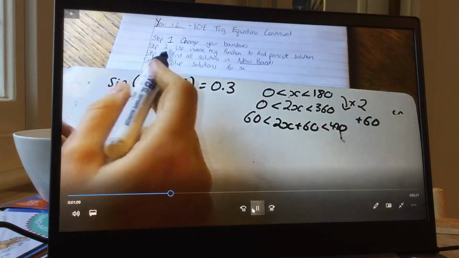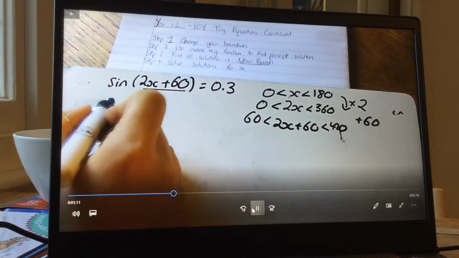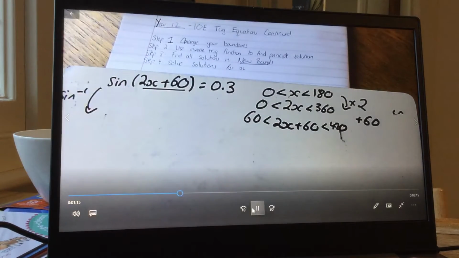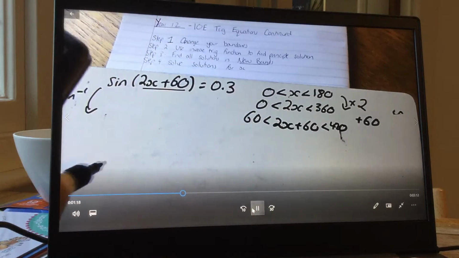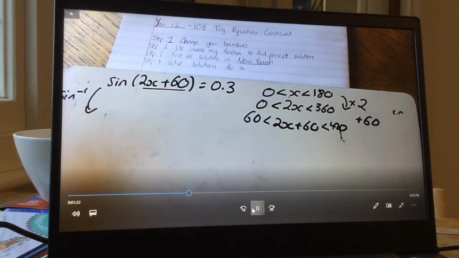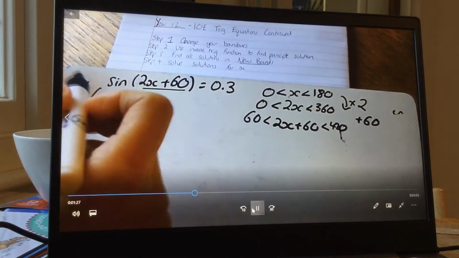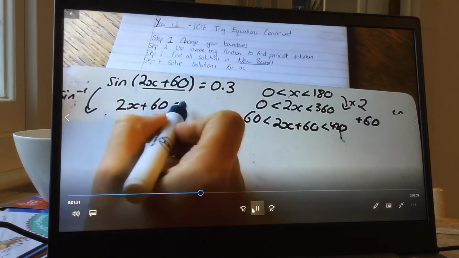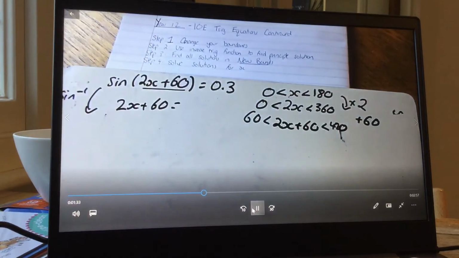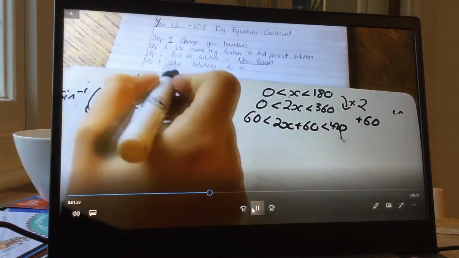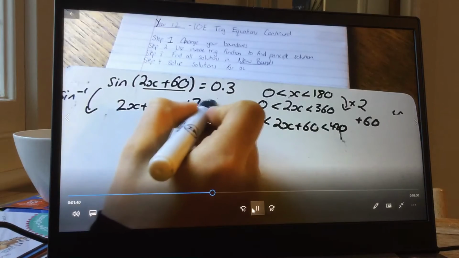So then step 2, use the inverse trig function to find our principal. So the first thing we're going to do is take our inverse sine. Just chuck that into our calculator. Inverse sine of 0.3 gives me that 2x plus 60 equals, I'm going to just leave myself a bit more space actually, because I'm going to be taking multiple solutions.